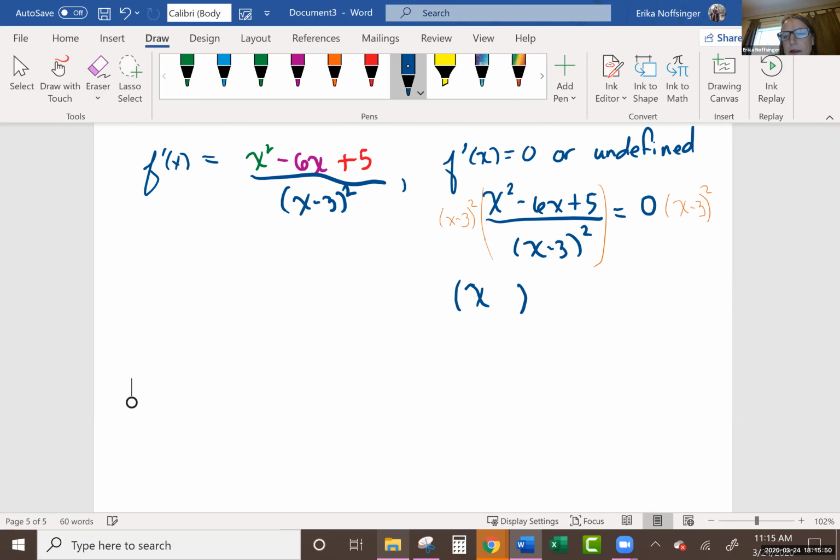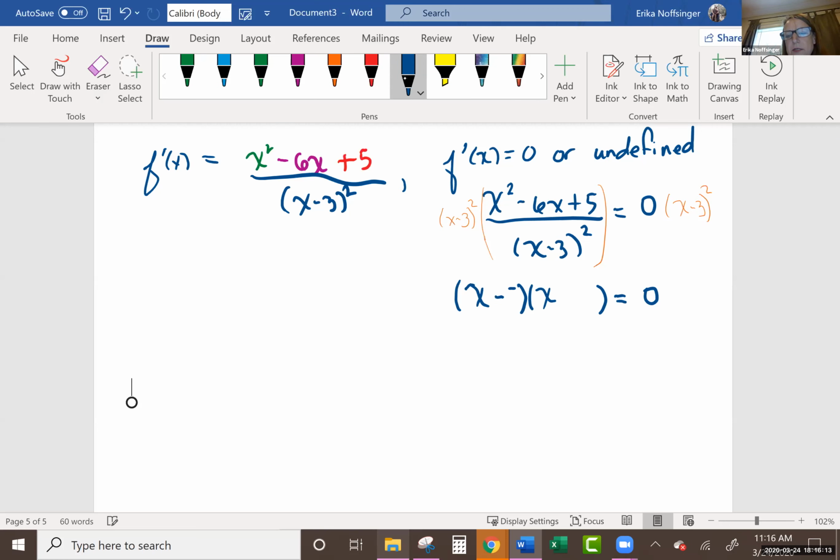And so, can we factor this at the same time? What's inside? So I noticed that x squared minus 6x plus 5 can be factored. There's two numbers that multiply to a positive 5 and add to a negative 6. So negative 5 and negative 1 multiply to a positive 5 and add to a negative 6.